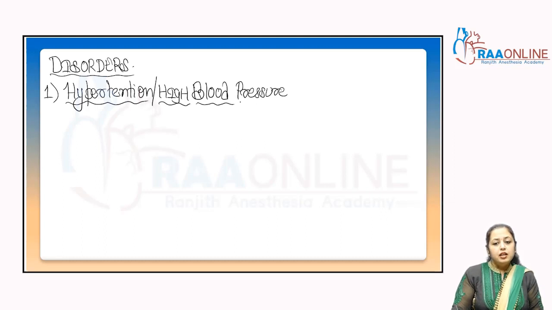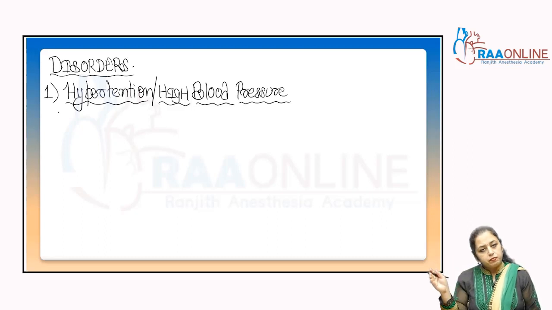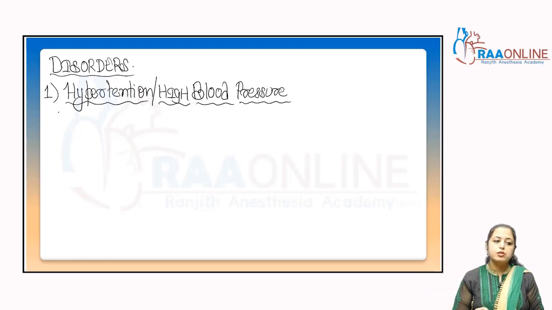Because we create a standard criteria, right, that the BP is not more than a certain value in systolic and not more than a certain value in diastolic. Simply, when the blood pressure is higher than 120 by 80 mm of Hg, theoretically, but when we correlate with practical cases, we can consider it as 130 by 90, right?